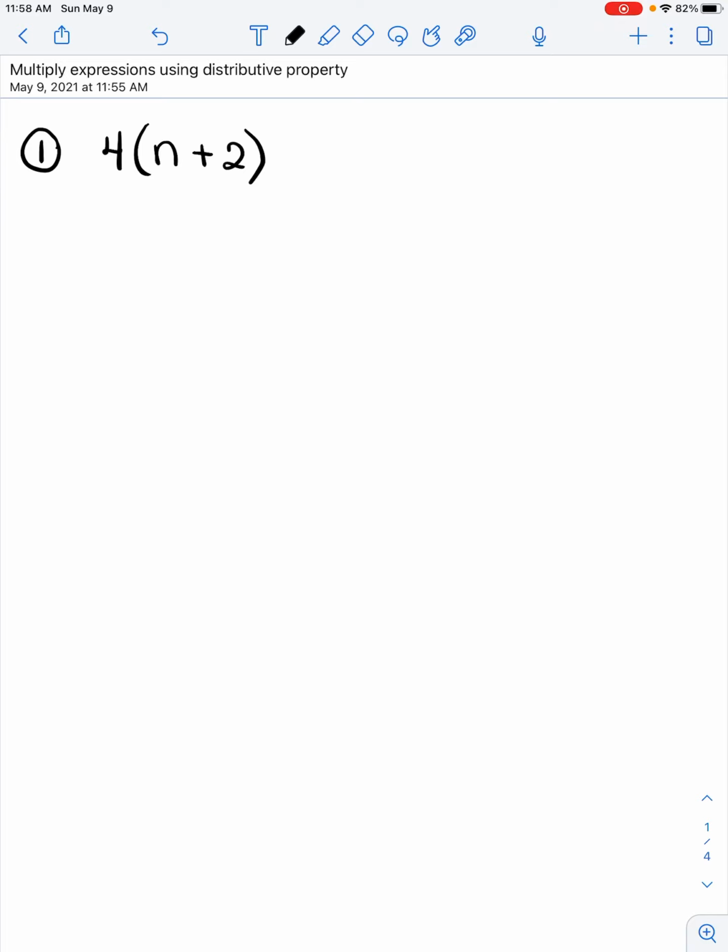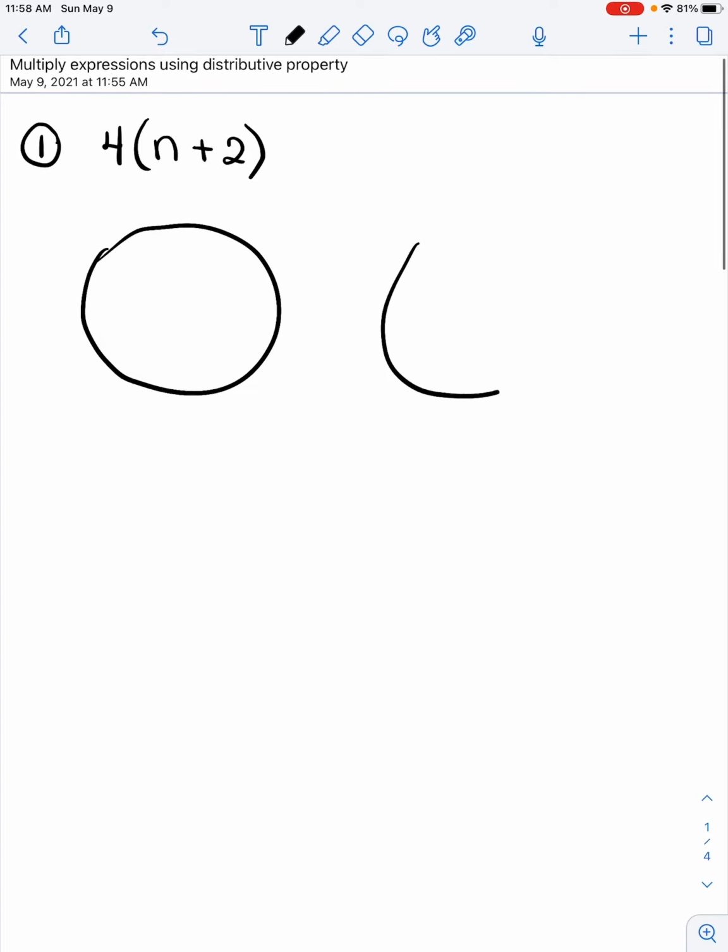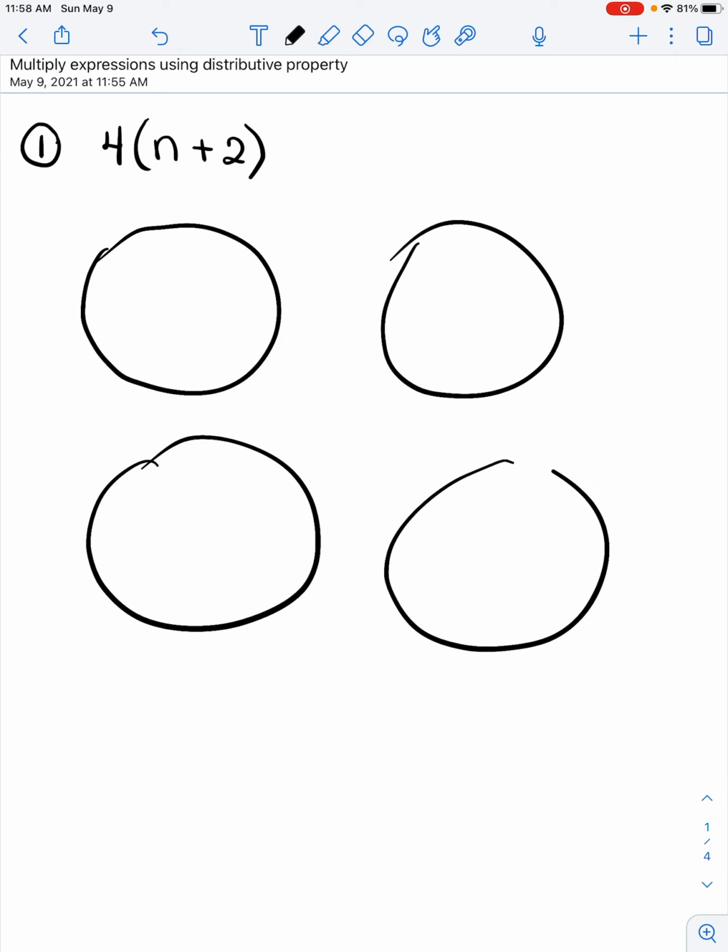So the first one is 4 times parentheses n plus 2. And if you think about this, what does this expression mean? It means we're going to multiply by 4, or we're going to take 4 groups. And I'm going to draw a circle to represent each group. Okay?